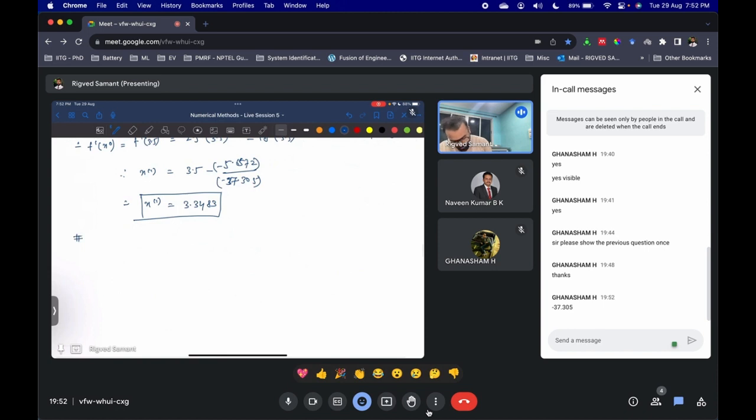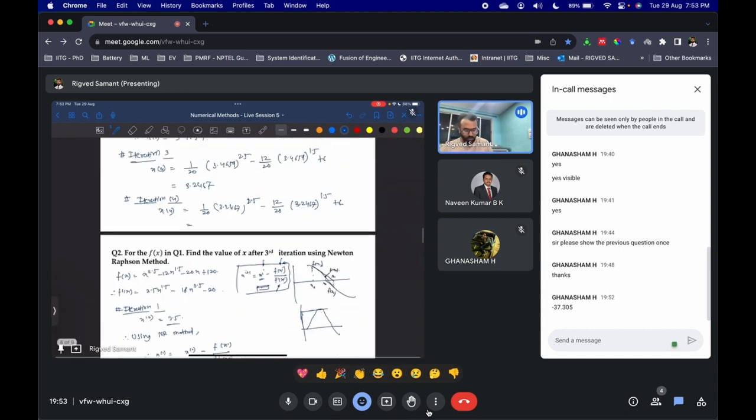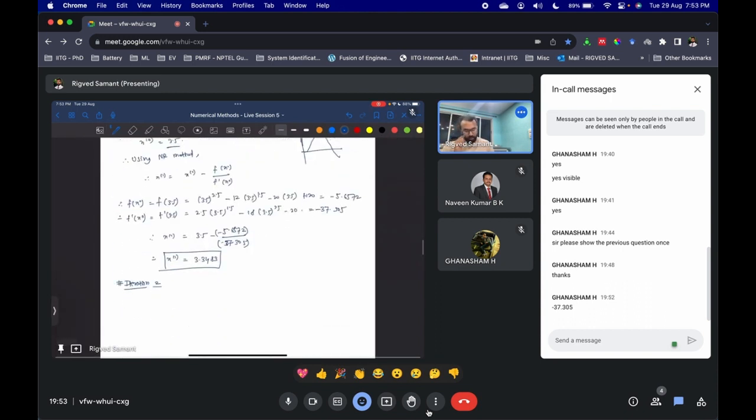For iteration 2, x1 you have, f of x1 you can calculate.